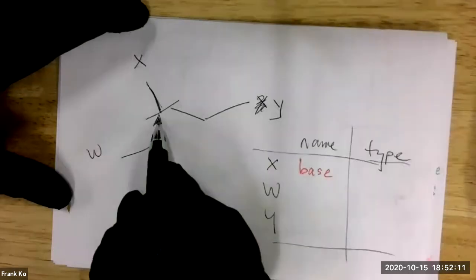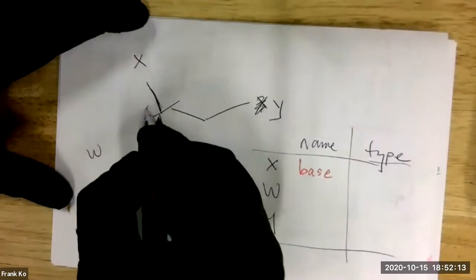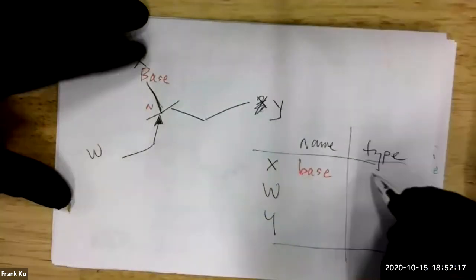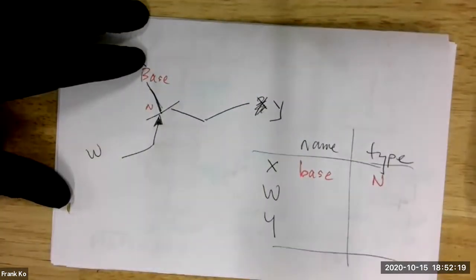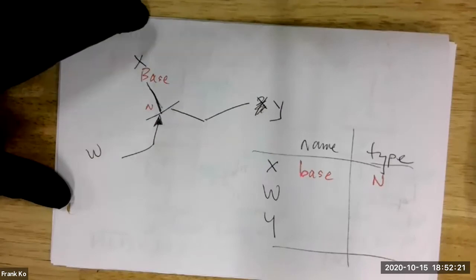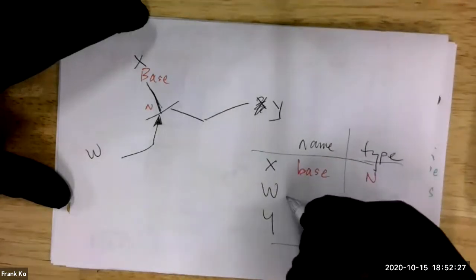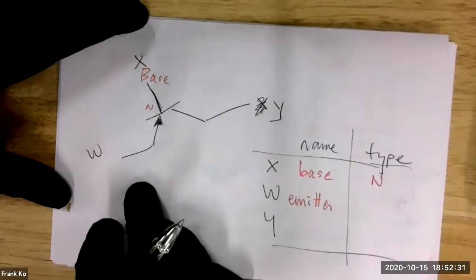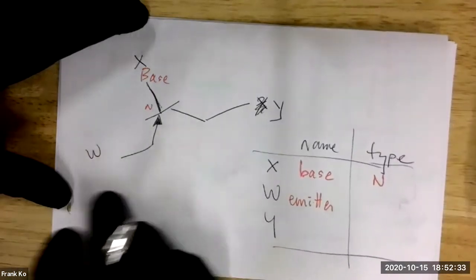Oh, it's N material because the arrow's pointing to it. So we've identified this as base, and it's N-type material. Good job. Okay, Carlos? Which one's the emitter? W. Oh, W is the emitter. Why is W the emitter? The arrow is on that wire.